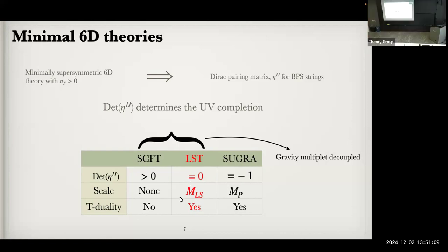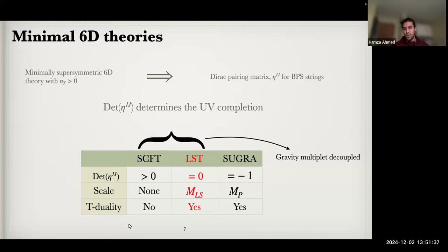No, but Sav is discussing the fact that there is a little string theory which can flow to an SCFT, and we're discussing how there are many such examples of that. The M5 brane is one example, and we're trying to figure out how the determinant changes from 0 to positive in that. And I guess my hypothesis is that it involves a decoupling of one of the tensor multiplets.